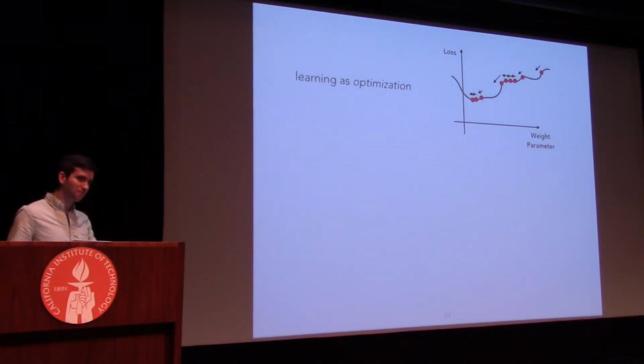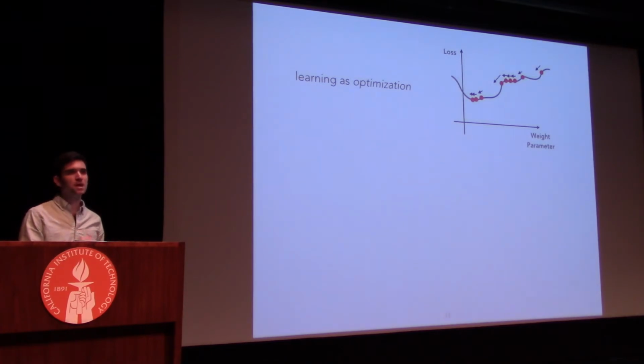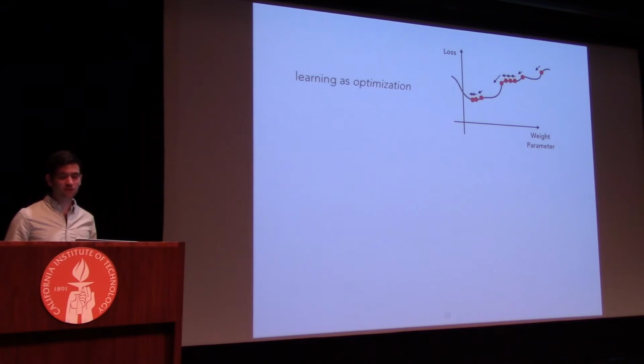I think that's mostly what you've seen up until this point, where we have some loss function that we're trying to minimize, and by doing that, we're minimizing with respect to the weights. We're moving around in the weight space to find a better and better function that minimizes this loss.